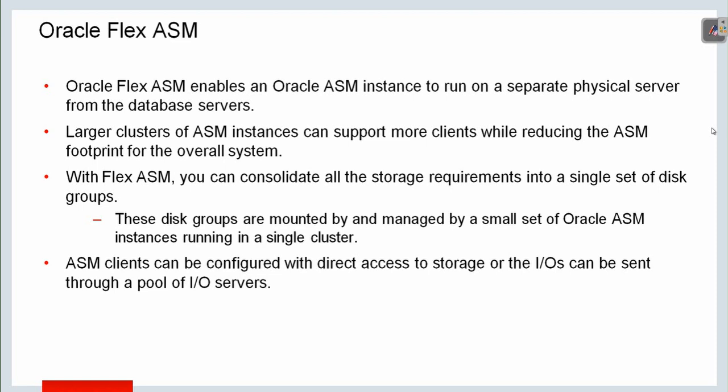With Flex ASM, you can consolidate all the storage requirement into a single set of disk groups. Okay, so as you can see, we can dramatically reduce the resources. And also, ASM client can be configured with direct access to the storage or I/O can be sent through a pool of I/O servers. This area is an example of the 12.2 new feature, but I will not touch in depth in this area.